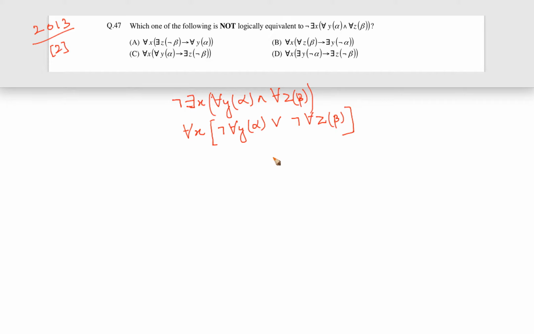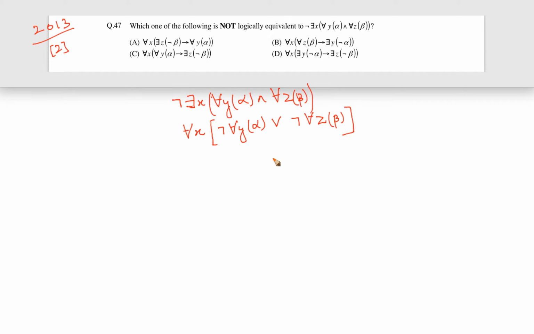Now you can understand that it can be written like this also. For all x, this thing and this thing can be written in two ways. If this not goes inside, then it can be there exists y which is not alpha, right?